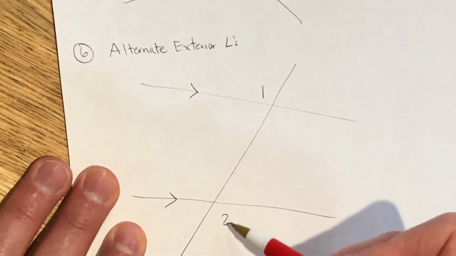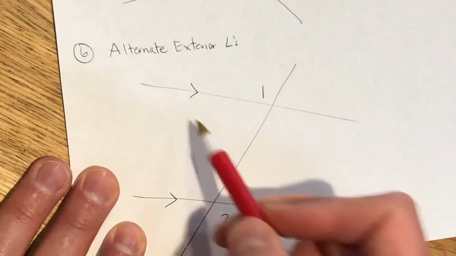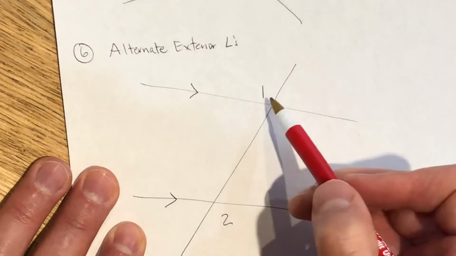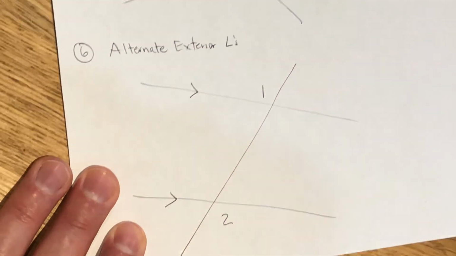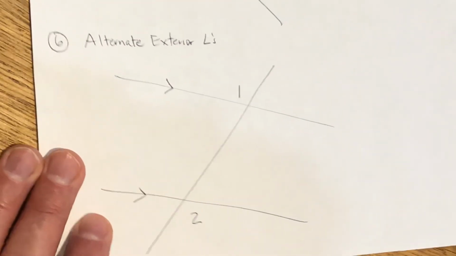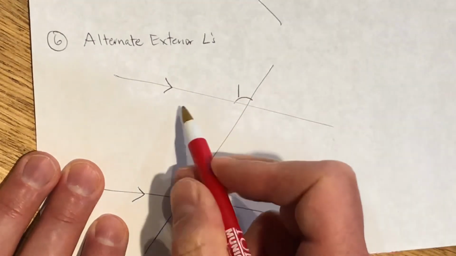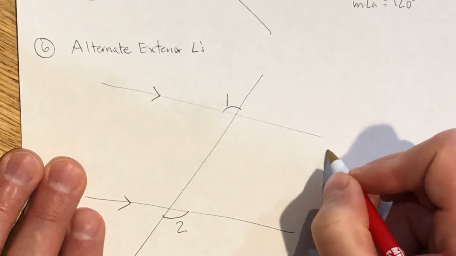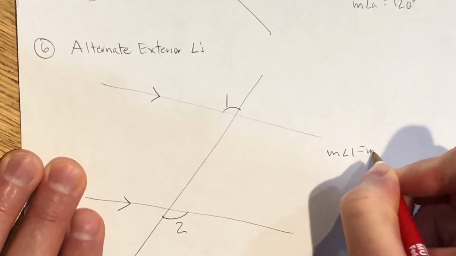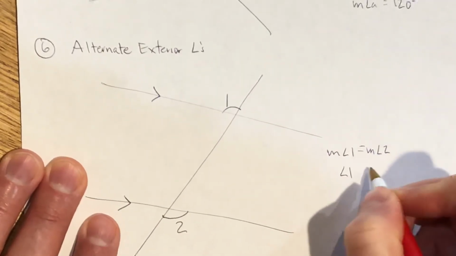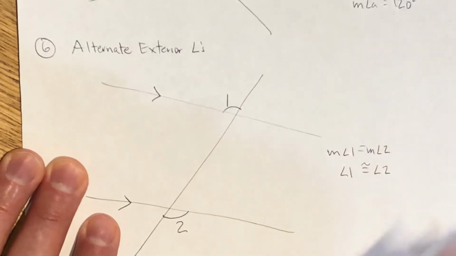Angle 1's to the left, angle 2's to the right. And now look at the intersected segments. Notice that angles 1 and 2 are on the outside or exterior of them. And what ends up being true is that these angles are going to be congruent to each other if the intersected segments are parallel. So the measure of angle 1 equals the measure of angle 2, or again, angle 1 is congruent to angle 2.